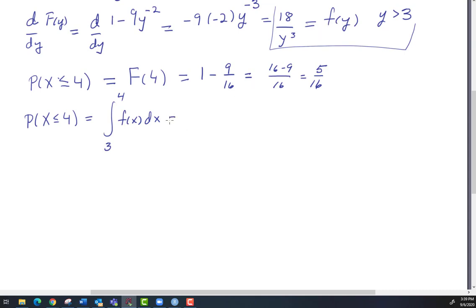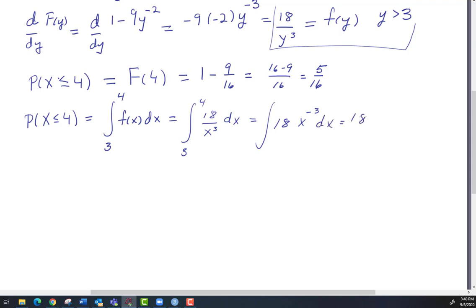And so what are we going to have here? We're going to have the integral from 3 to 4 of 18 over x cubed dx. I'm going to stick with x since I've got an x here. I know I don't have to do it this way, but this is the integral of 18 x to the negative 3 dx.